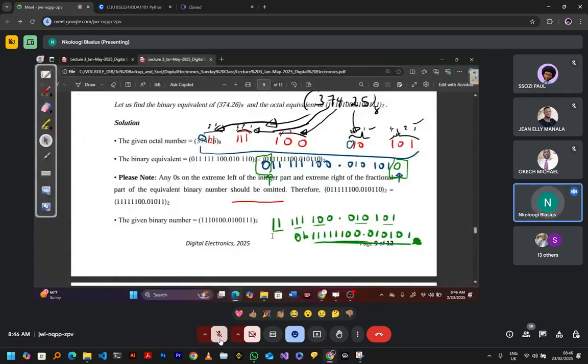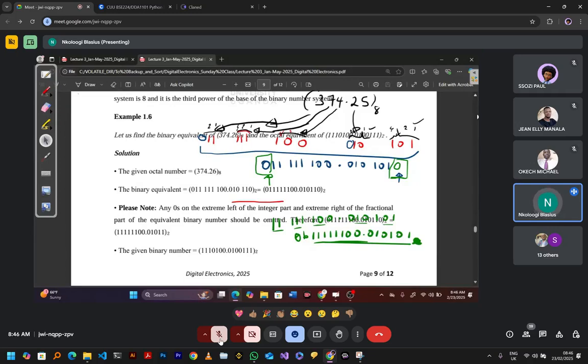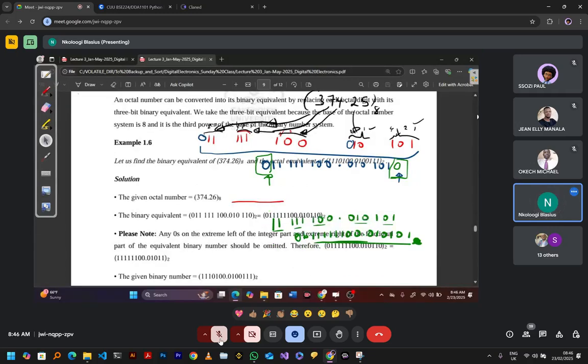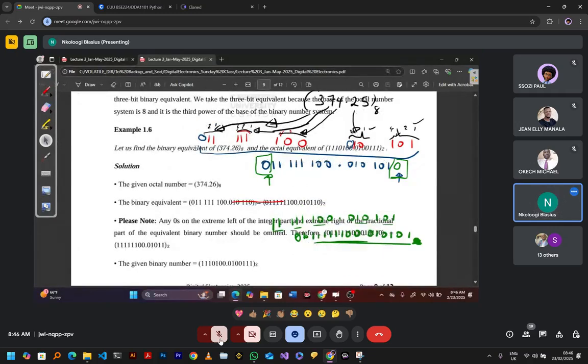You can compare where is the number, where is the answer, the binary equivalent. Okay, I think if you compare your answer, this one here, you had 1 1 1 1 1 1.